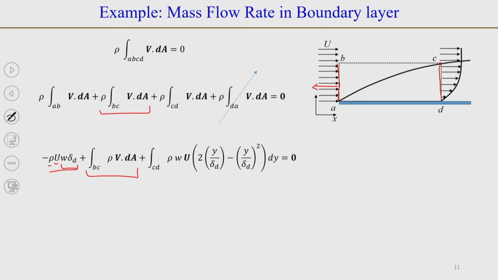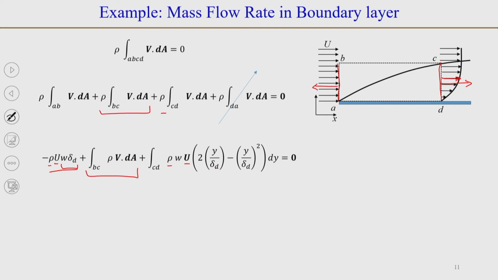Let us look at the third surface CD. The flow is going out, that is the velocity direction, and the area vector will also be pointing outward. So, we will have rho and velocity. The velocity u we had been given, so we have written this small u in terms of capital U into 2y by delta.